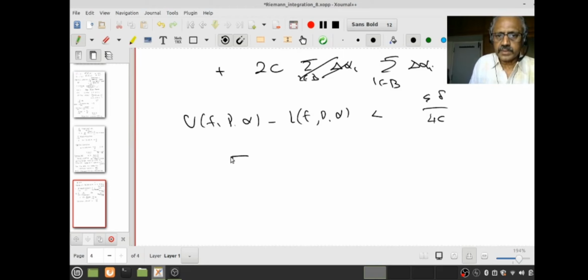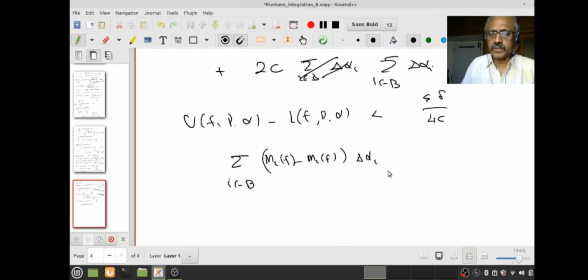In particular, the summation of capital Mi of F minus small mi of F into delta alpha I, running only over B. Notice that these are all non-negative, and delta alpha is non-negative, since we are using that alpha is increasing. So this is certainly less than epsilon delta by 4c.